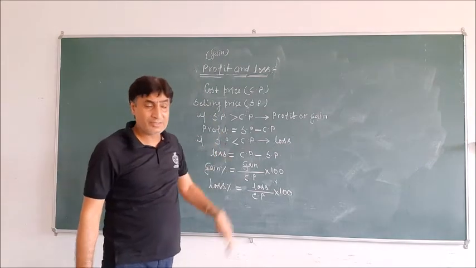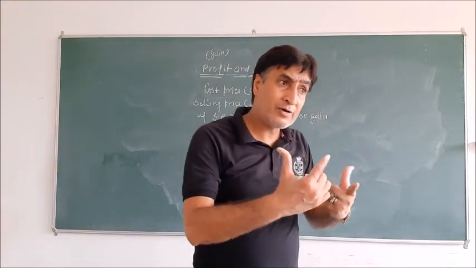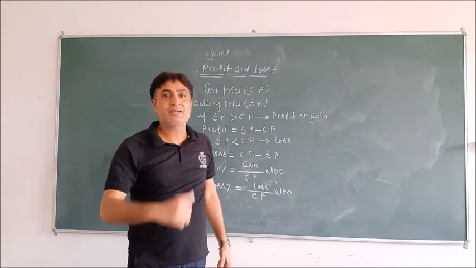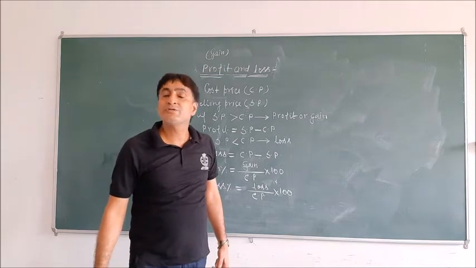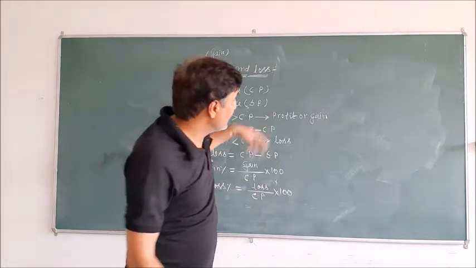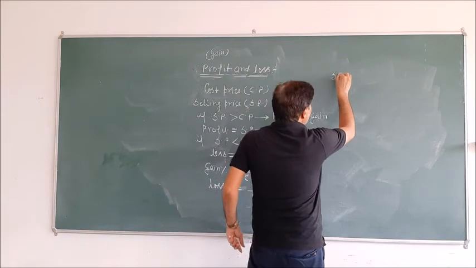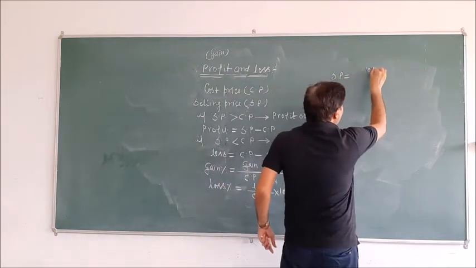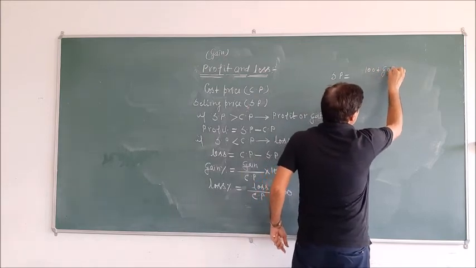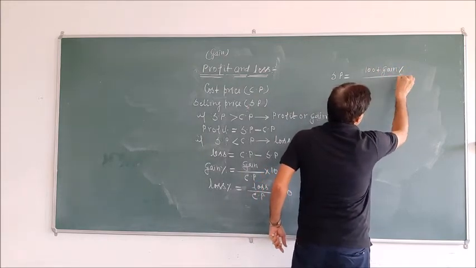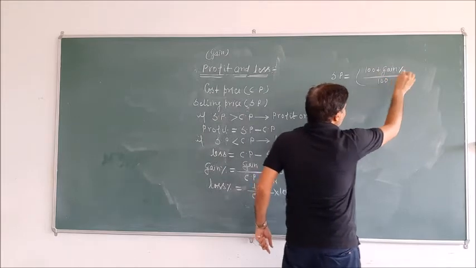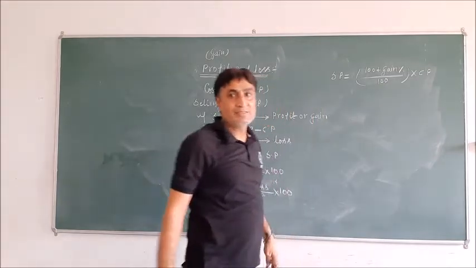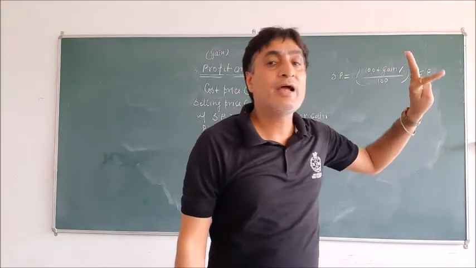Now another situation: if we have cost price and loss or gain percent, how can we find the selling price? If cost price and gain percent are given, then selling price is calculated using the formula (100 plus gain percent) upon 100, and this whole multiplied by cost price.